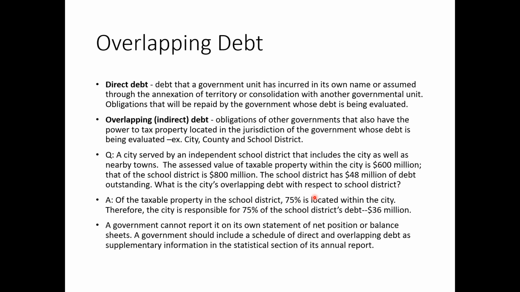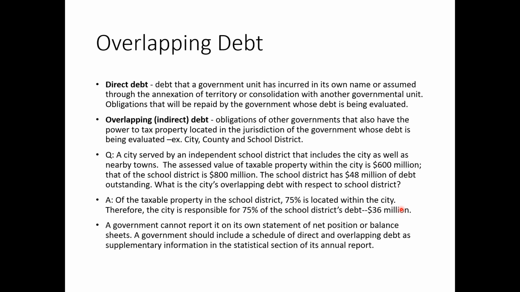the debt for the school district, but when the city is considering levying taxes on them, the city has to consider the debt, which is 75% of the school district debt, which is $36 million.